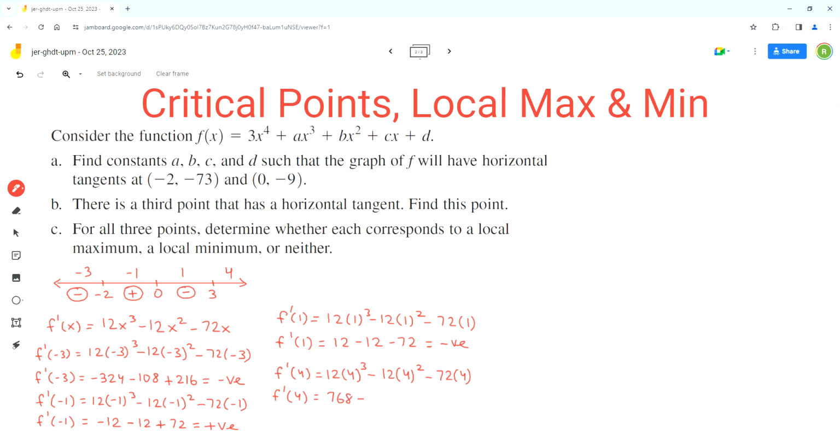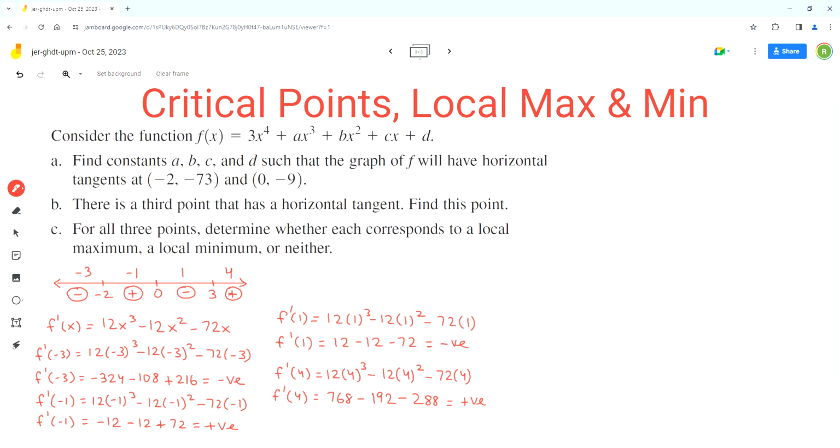Then 12 times 4 squared, which is equal to 192. And then 72 times 4, which is 288. So the result here will be positive. That means the function is increasing to the right side of the critical number x equals 3.